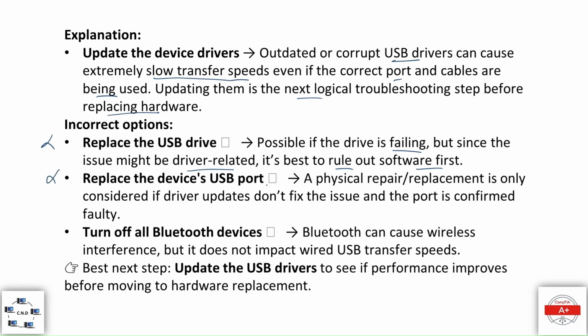Replace the device's USB port. A physical repair or replacement is only considered if driver updates do not fix the issue and the port is confirmed faulty. And turn off all Bluetooth devices. Bluetooth can cause wireless interference, but it does not impact wired USB transfer speeds. So the best next step is to update the USB drivers to see if performance improves before moving to hardware replacement.